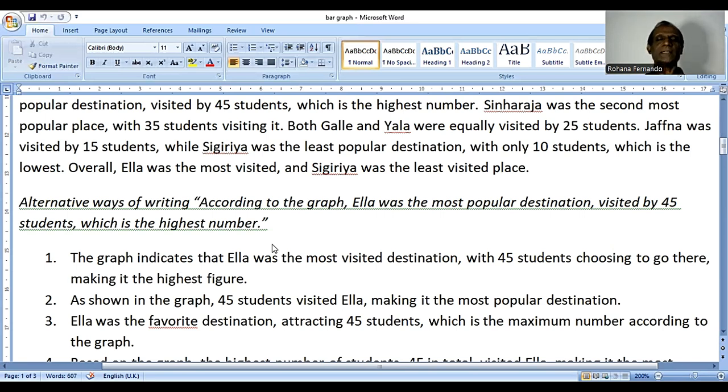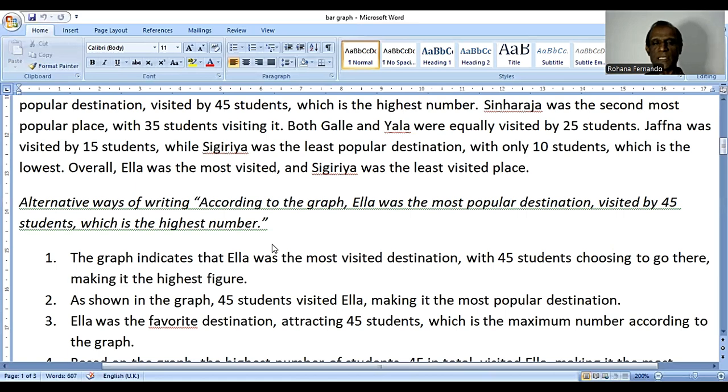So that is another way of giving the same information, but in a still better way, where we put the number first: as shown in the graph, 45 students visited Ella, making it the most popular destination.